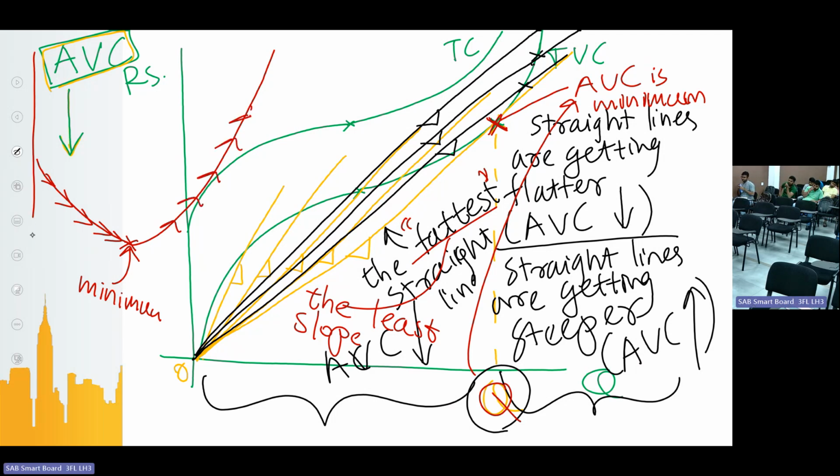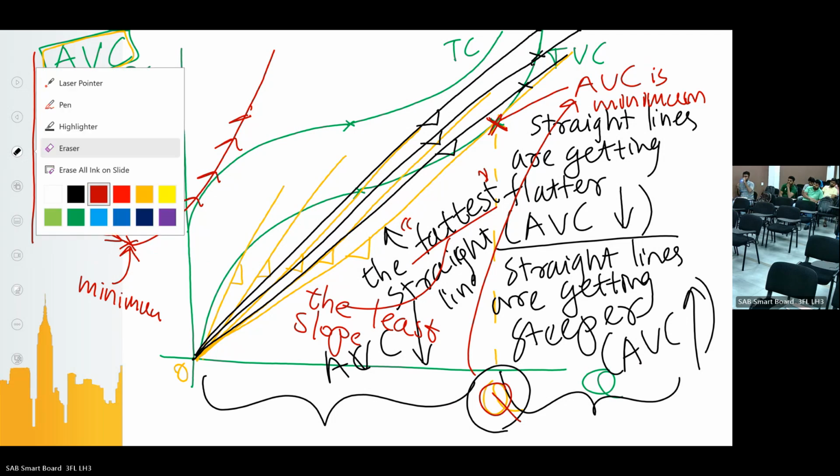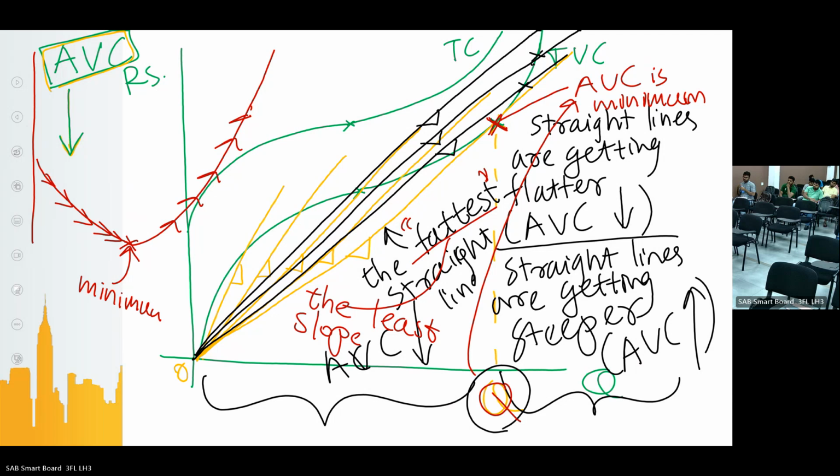We draw a graph like this. This Q is to P values. The AVC curve looks like this.